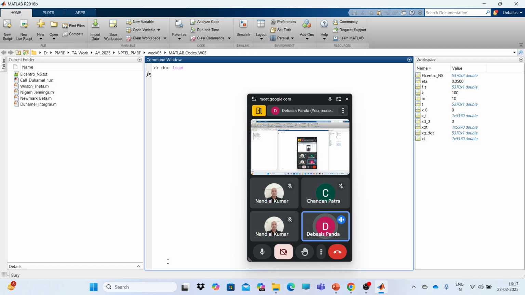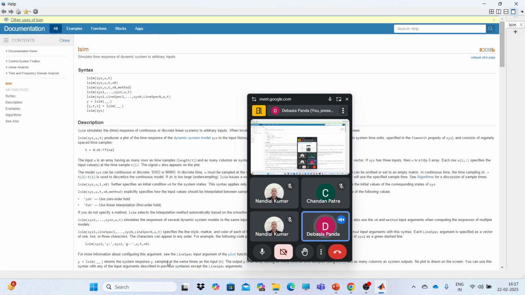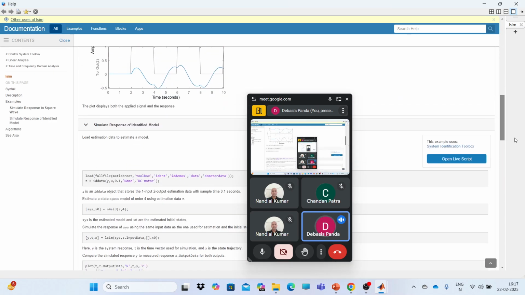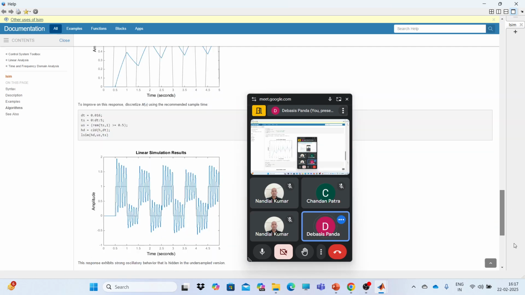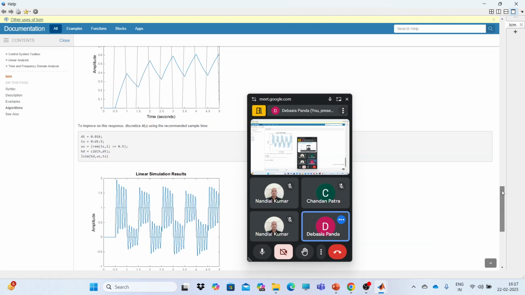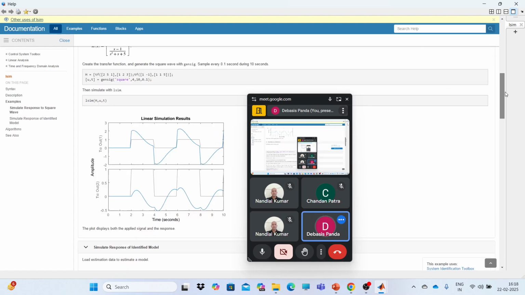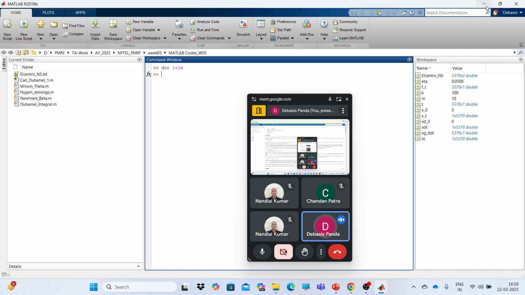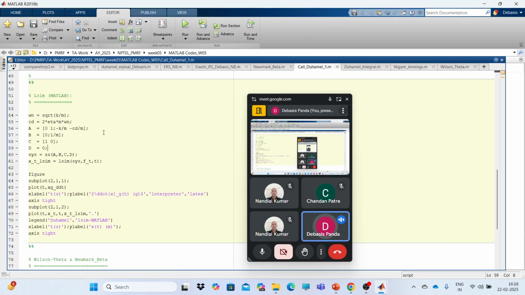MATLAB will provide you the complete description of what LSIM contains. If you want to go deeper into how it works, I suggest you go through these documents. You will get the essence of how the numerical integration is solved using the LSIM method. So here we will directly use that command to solve our system.